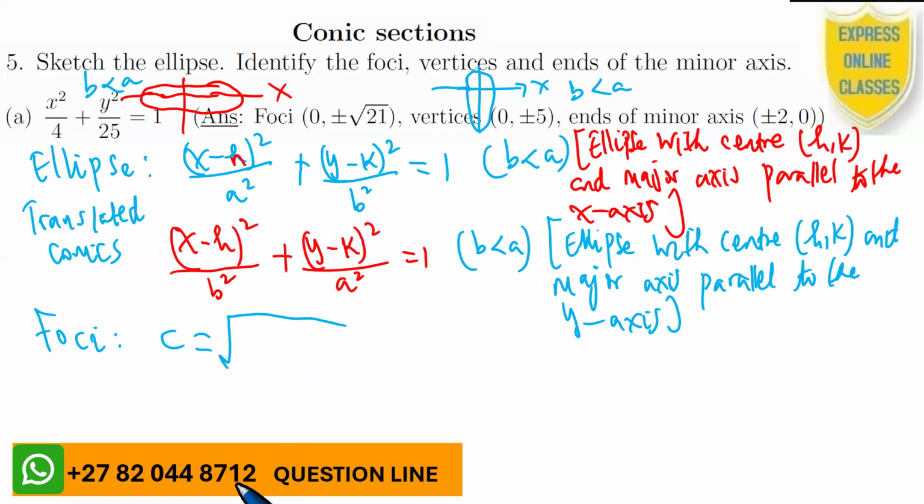Now we have c equals the square root of a squared minus b squared.